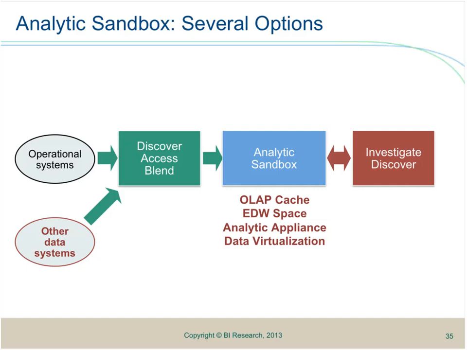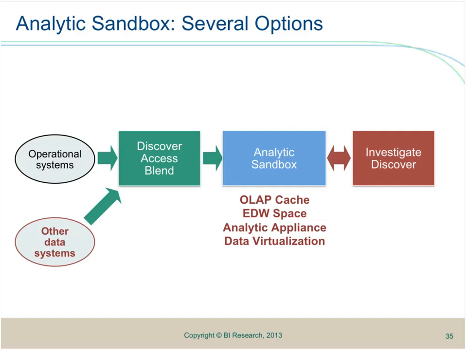In some cases, virtualization software like Composite enables you to persist that. So we can either have an analytic sandbox that is simply a virtual view of the source data, or we can actually persist it, and Composite enables us to do that. And really that's what Bob described in terms of sandboxing from a data virtualization viewpoint.